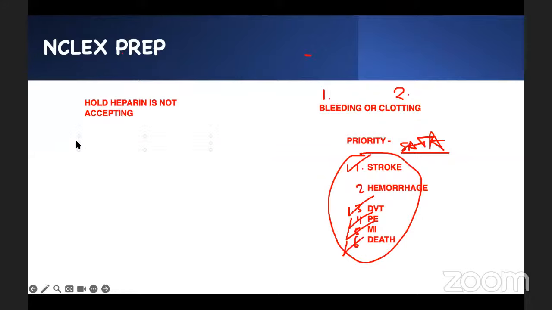And because it's HIT, no more heparin. You should not give them any heparin. So your plan should be what?